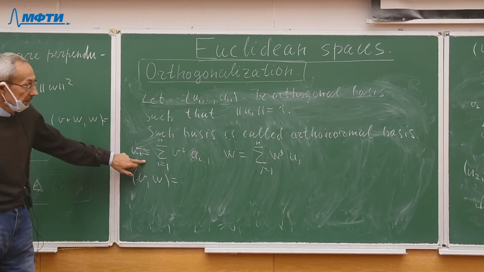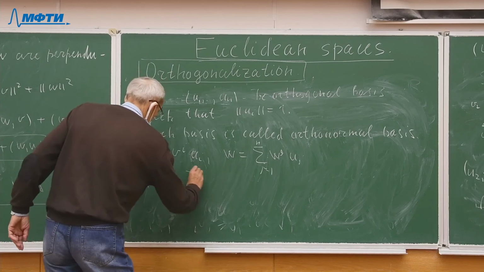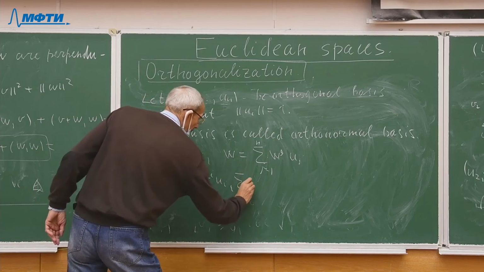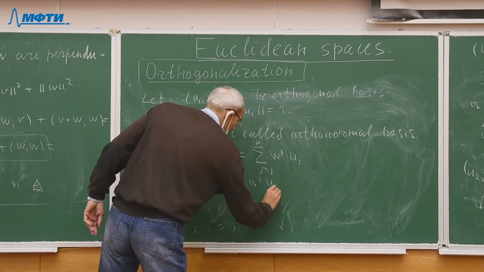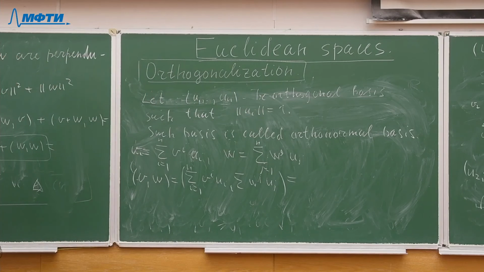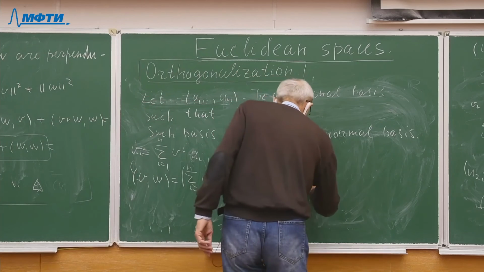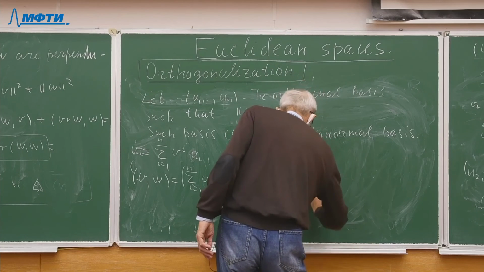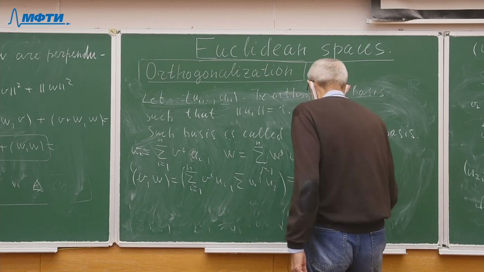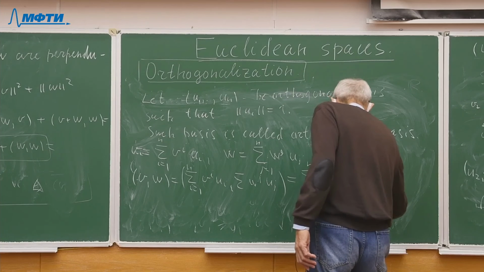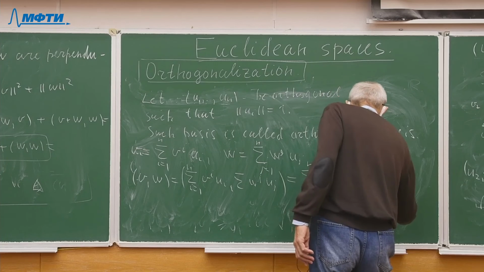We substitute this decomposition into the scalar product, and using properties of linearity and homogeneity of the scalar product, we obtain the following expression: a double sum by i and j, the pairwise product vi wj and scalar product (ui, uj).